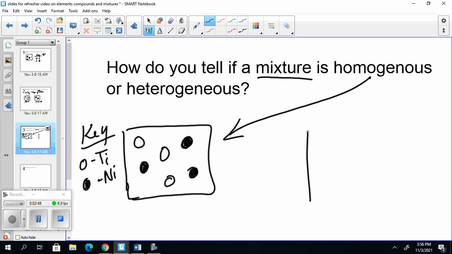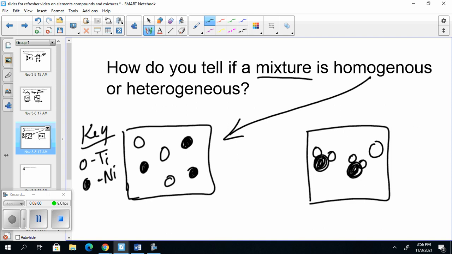But over here, I could show something different. I could have water. I'll make a key in just a second. And then I could have some iron.